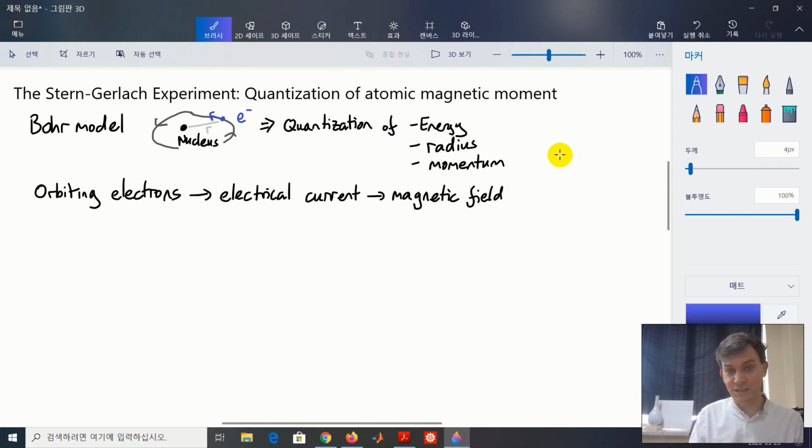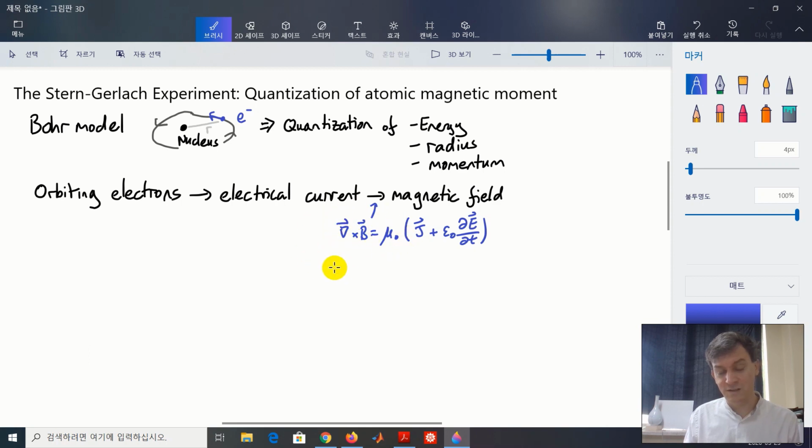For example, if you know Maxwell's equations, which are the equations of electricity and magnetism, which if you haven't seen yet, you will see in the third year, I think, then one of Maxwell's equations says the following: the curl of the magnetic field in a system must be equal to some constant times the current flowing around the system plus the rate of change of the electric field. So in the system here, because we have flowing current, we must also therefore get a magnetic field from this equation.